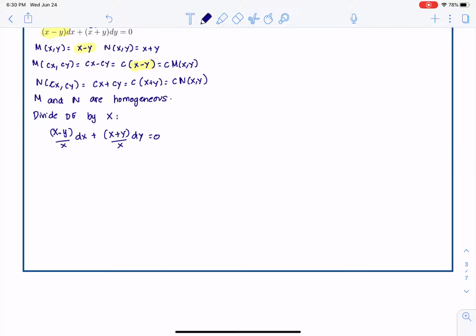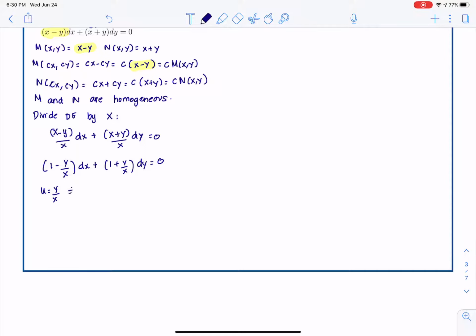I have a common denominator, so I split it up. If I split it up, I'd get (1 minus y over x) dx plus (1 plus y over x) dy equals 0. I'm going to use the substitution y over x equals u, because y over x just popped up based on what I did.